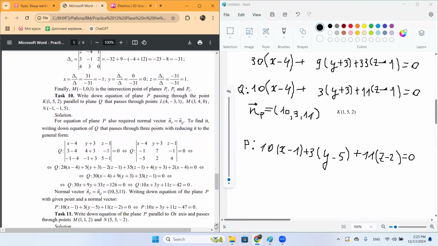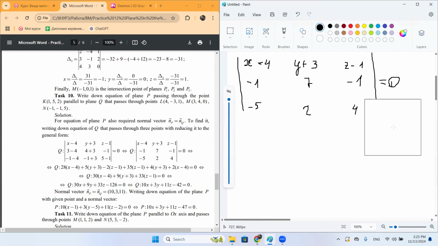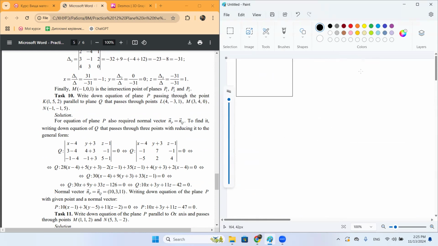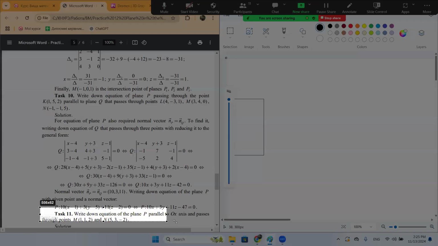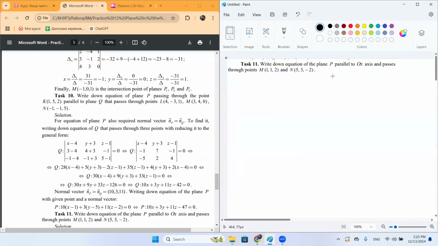So now let's move to the next task, task number 11. The task is the following. We need to write down the equation of the plane. It's parallel to the OX axis and passes through 2 points, M and N. So we have 2 points.